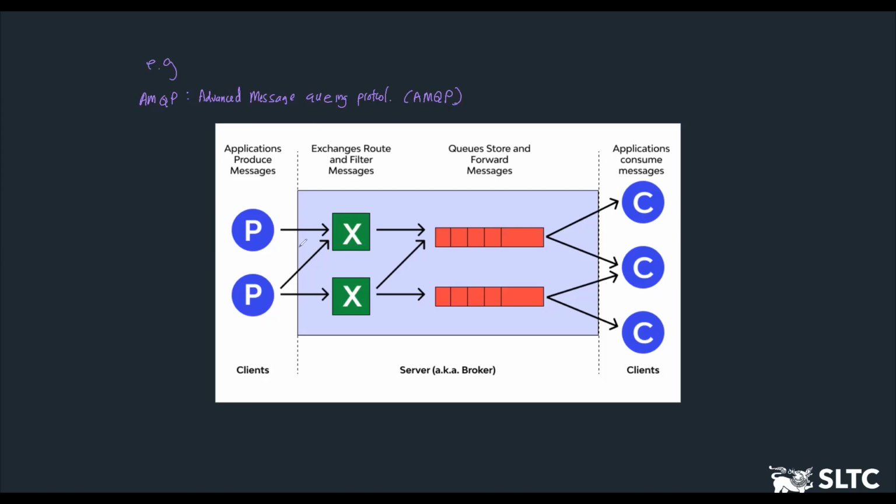And in here, if you take the clients, there are two clients. The clients will be sending messages to the broker. The broker will have different advanced methods to obtain data and categorize the data in the broker itself.